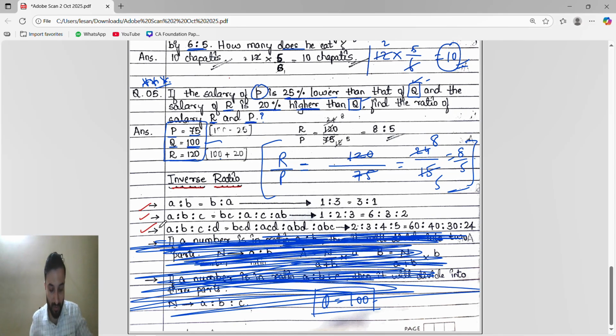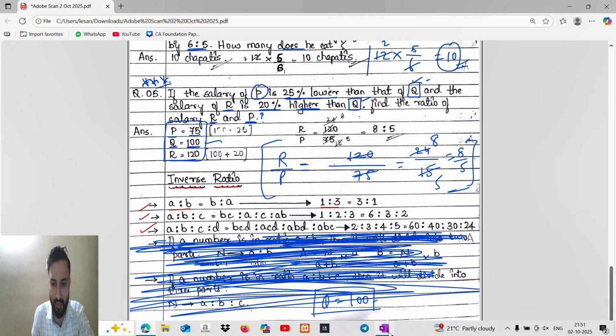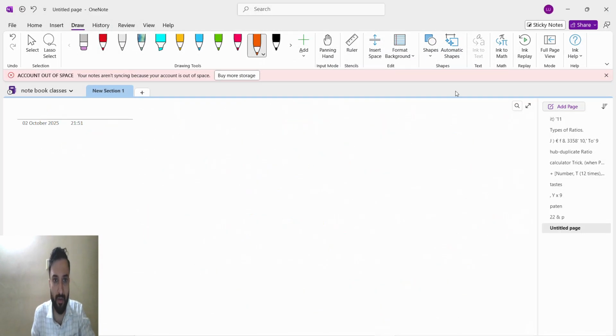Okay, now inverse ratio. This is a very simple thing, guys, and important also. Inverse ratio means if they give the value a is to b, like 1 is to 3, then the inverse is what? I will write it here so you understand easily. If they give a is to b, the inverse of a is to b is b is to a, correct?